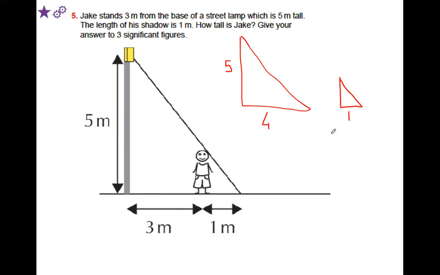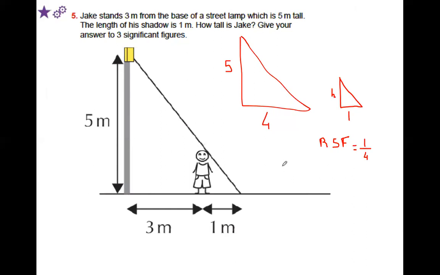So the reducing scaling factor, because I'm looking at finding the side that is smaller compared to the taller one, is 1/4, 1 divided by 4. I'm not going to do anything yet. And now I want to find this height here, Jake's height.